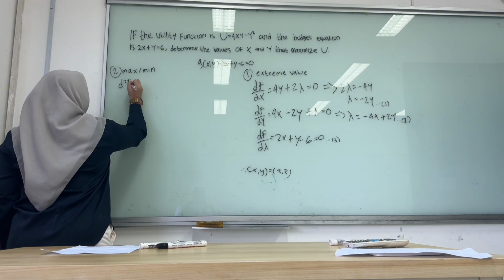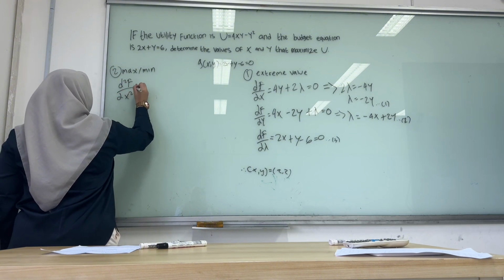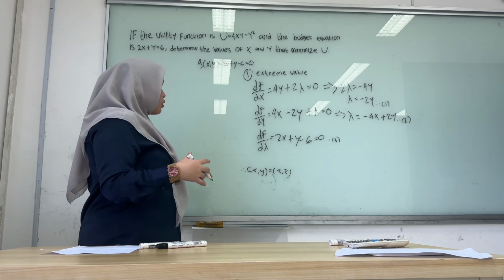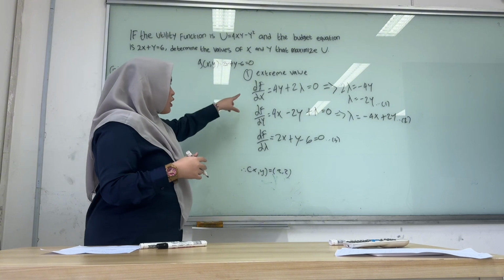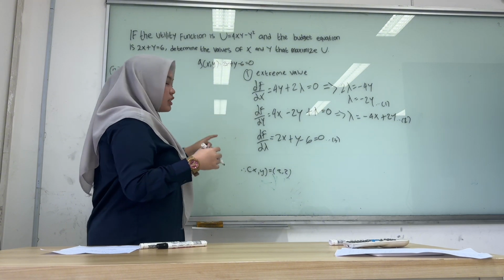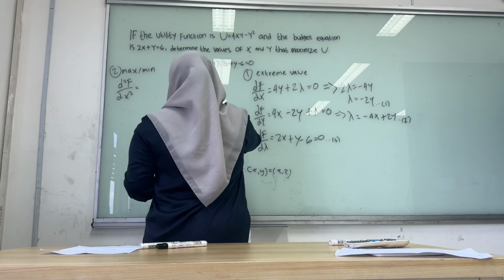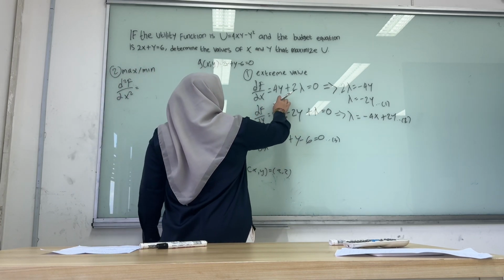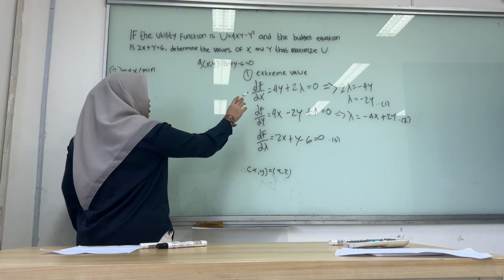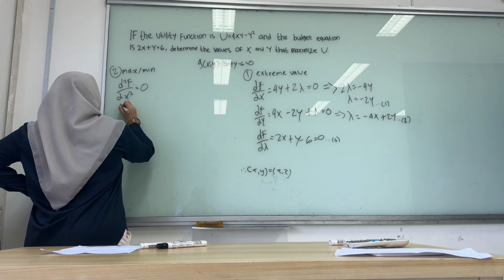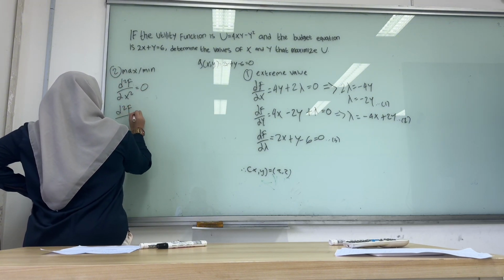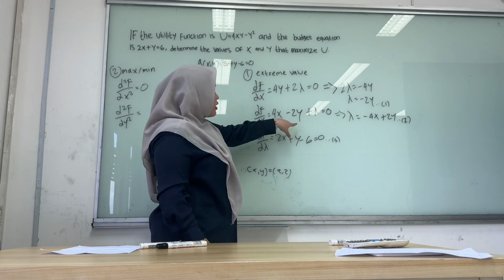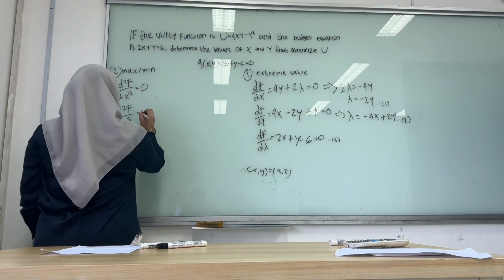So dou squared f per dou x squared. We need the second derivative of this first derivative. So dou squared f per dou x squared: look at here, where is the x variable? Because there is no x variable, it gives 0. And then dou squared f per dou y squared, there is a y variable, so it means minus 2.